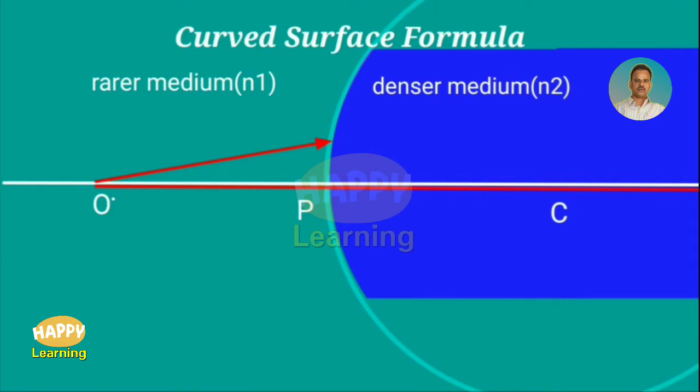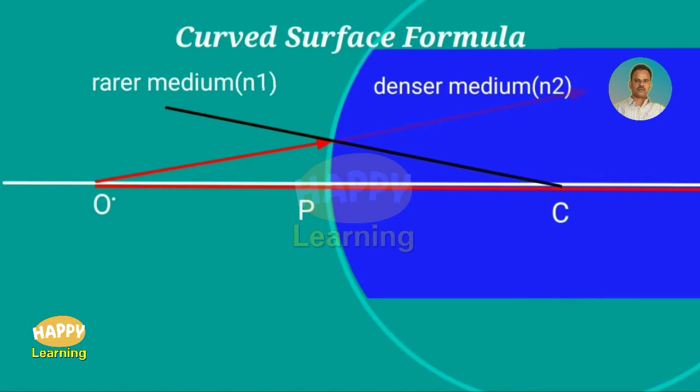This ray touches the curved interface, and because the medium is changed, its direction is supposed to change. Now draw a normal at the point where this ray touches the interface. Normal means it should pass through the center of curvature C. This black line is the normal here.